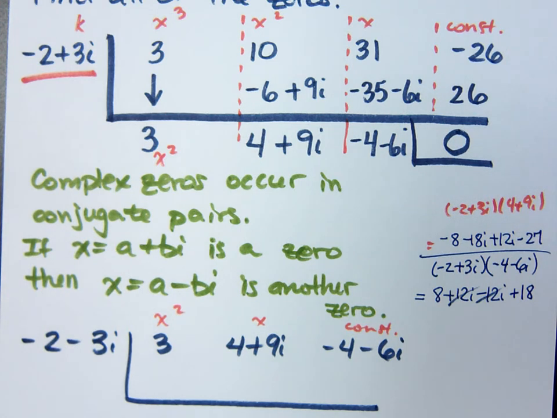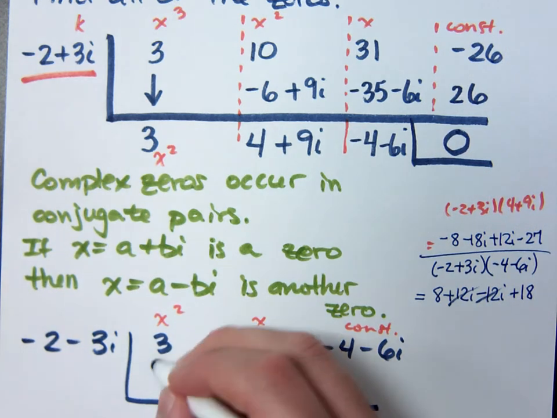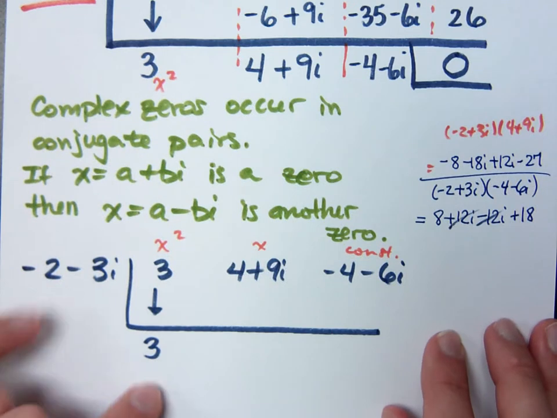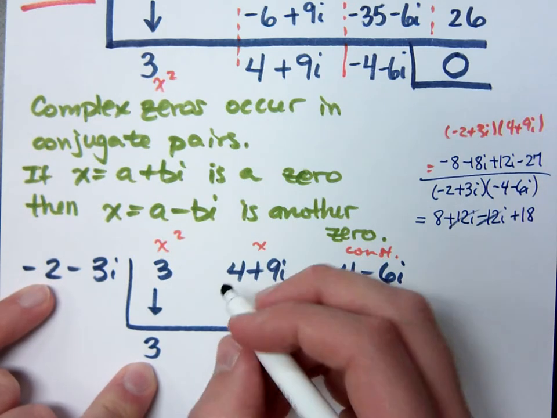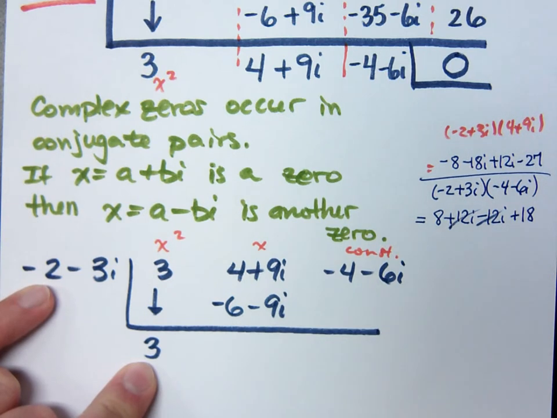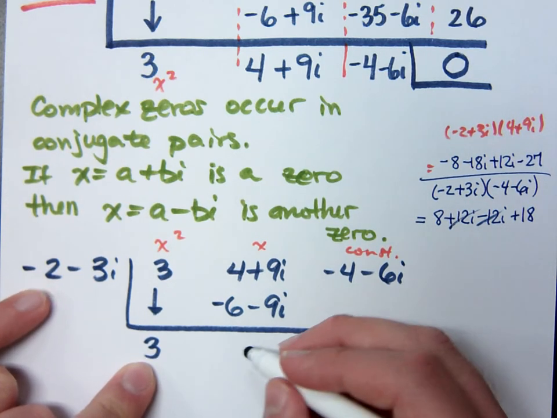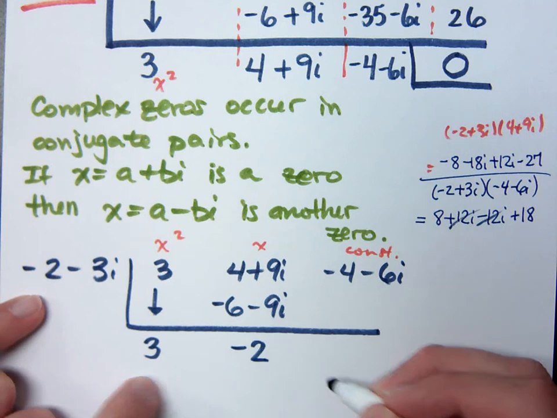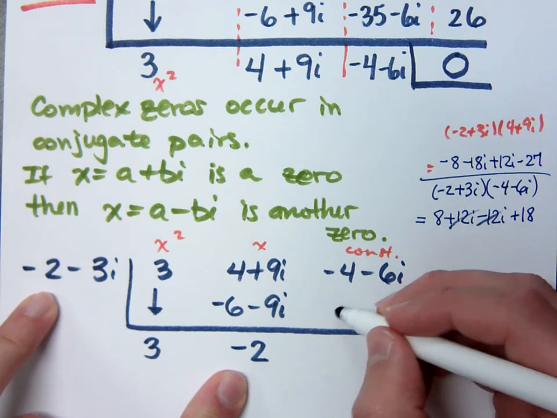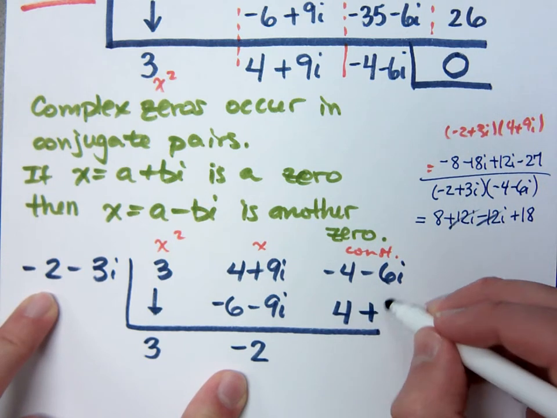You're not going to like plugging complex numbers into the quadratic formula. So bring down the 3. And what happens when you multiply this? What do you get? When you combine, what do you get? Multiply, what do you have? 4. So what's your remainder?